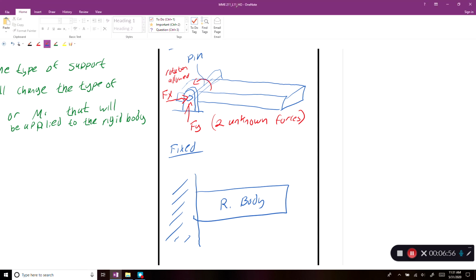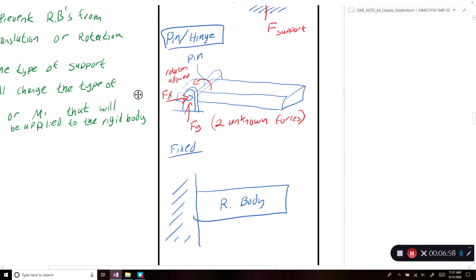Therefore, for the fixed case, it would apply a force along the x direction, a force along the y direction, and a moment about the z-axis. So there'd be three unknowns. There's no translation or rotation for this fixed case.